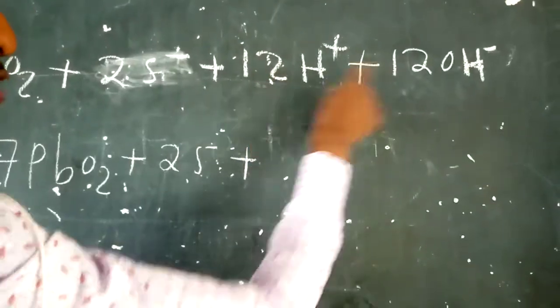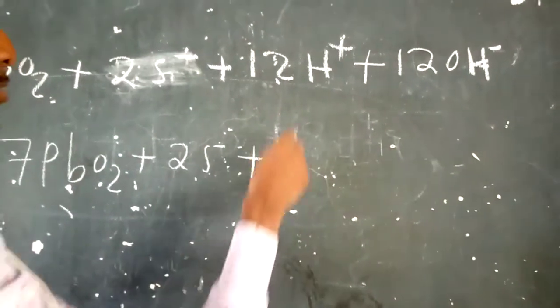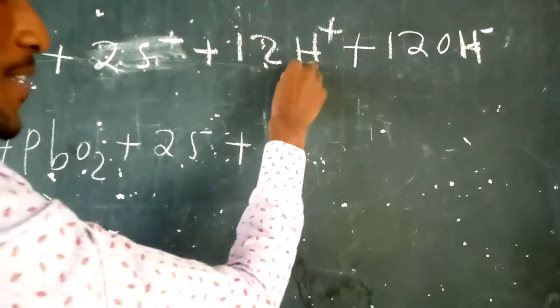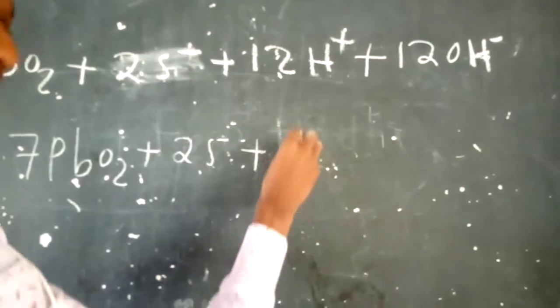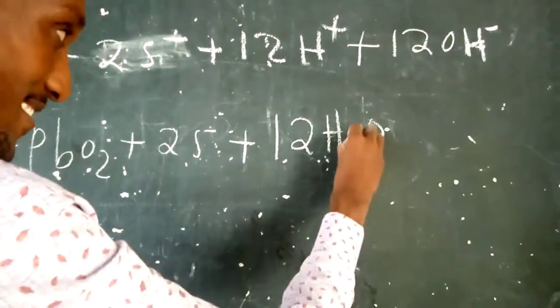You have to combine these because hydrogen plus hydroxyl gives water. So it will be 12 water molecules.